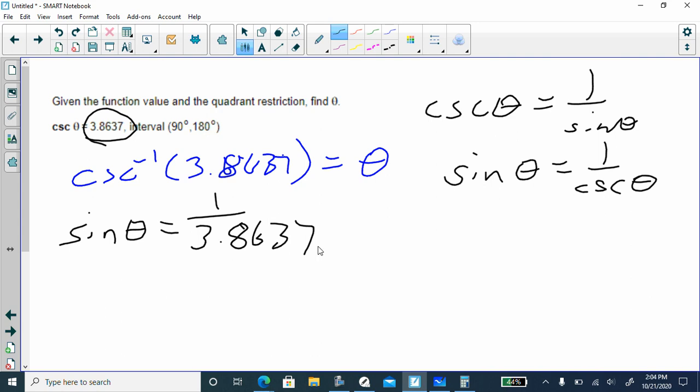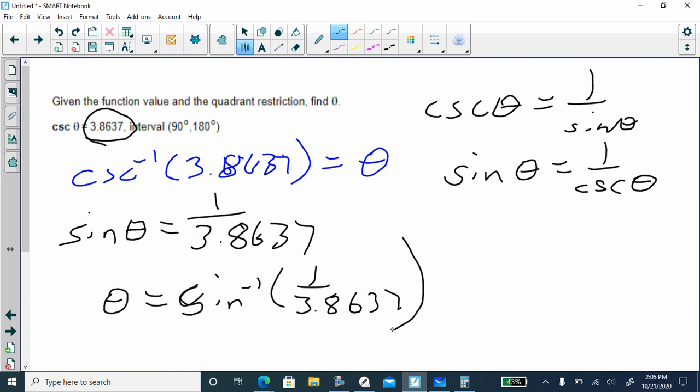So if I know the ratio for sine, then theta is inverse sine of that ratio. So it's the ratios that are reciprocals.